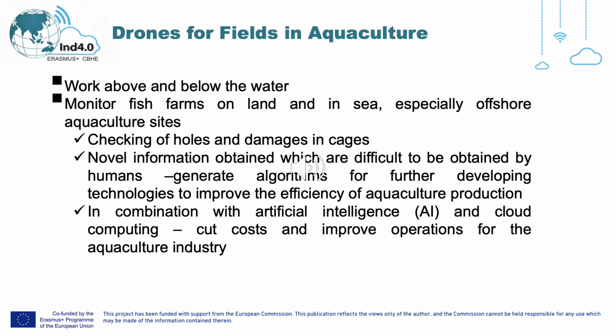Most importantly, drones can collect novel information which is difficult to be obtained by humans. This information can be used to generate algorithms for further developing technologies to improve the efficiency of aquaculture production. In combination with AI and cloud computing, it will cut costs and improve operations for the aquaculture industry.